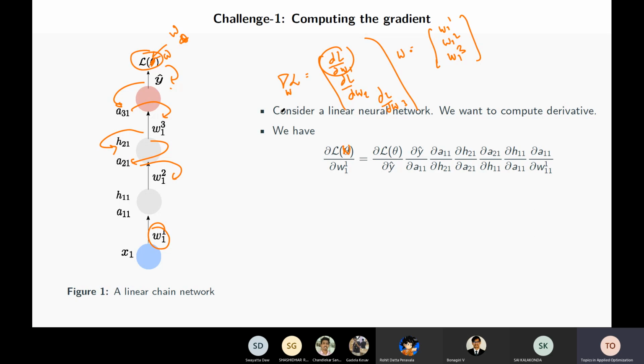So first I see loss as a function of y hat. Then I compute the partial derivative with respect to y hat.